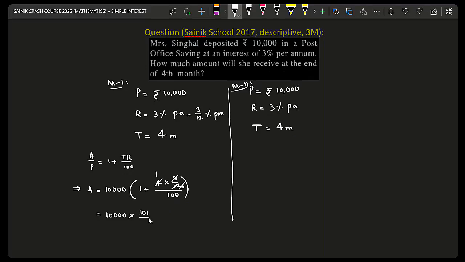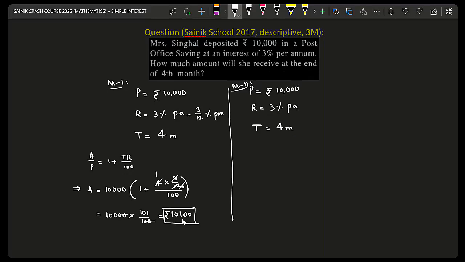Very good, 101 by 100. Now you simplify this. Sir, 2 zeros get cancelled. 100 into 101 is 10,100. Yes, that means the final amount she receives at the end of the fourth month is 10,100 rupees, isn't it?